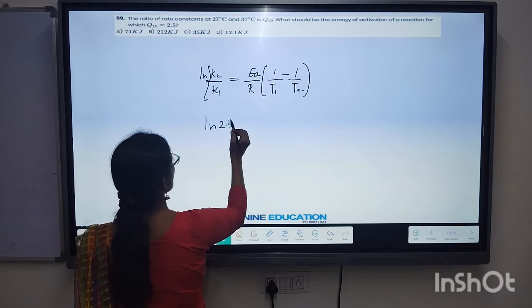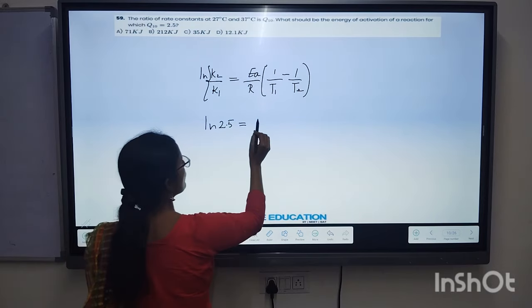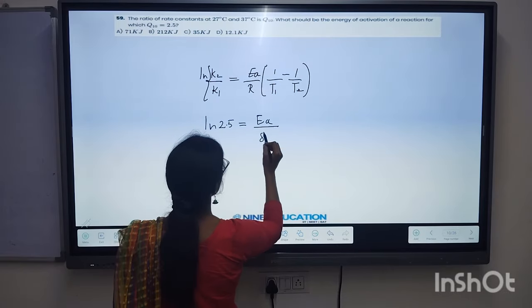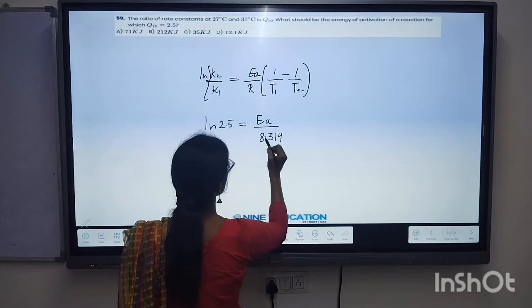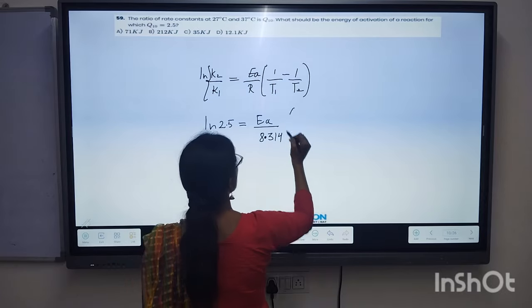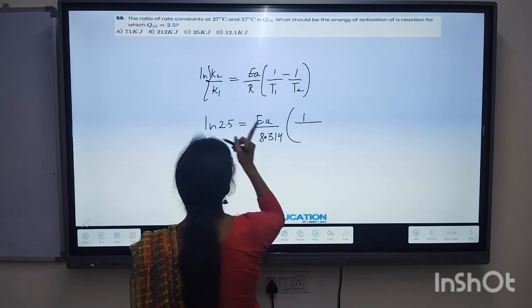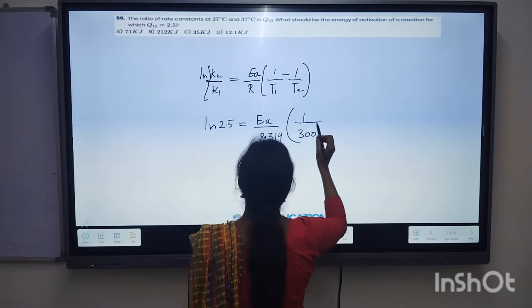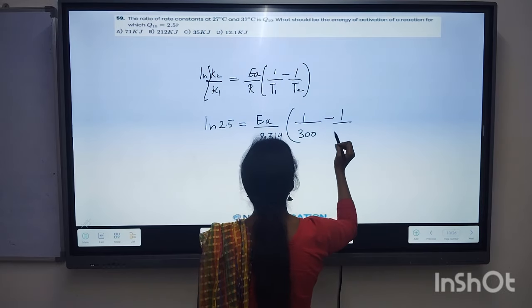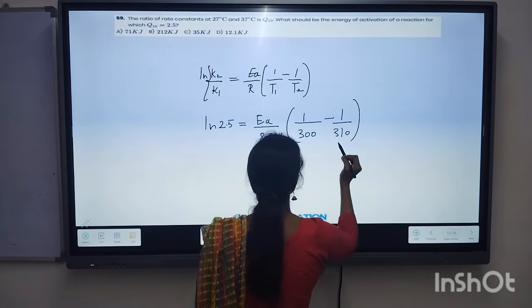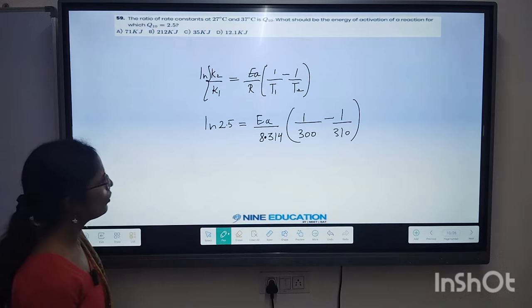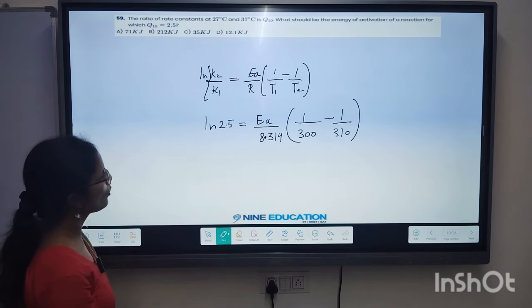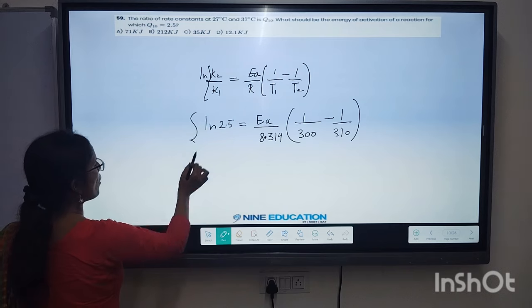So it is nothing but ln 2.5, and here EA only we need to find out. R value we'll be taking as 8.314, and here we'll be having 1 upon T1. What's the first temperature given? 27 degrees Celsius, so it will be 300 in Kelvin, and here it will be 310. And now ln 2.5 you can convert into 2.303 log 2.5.